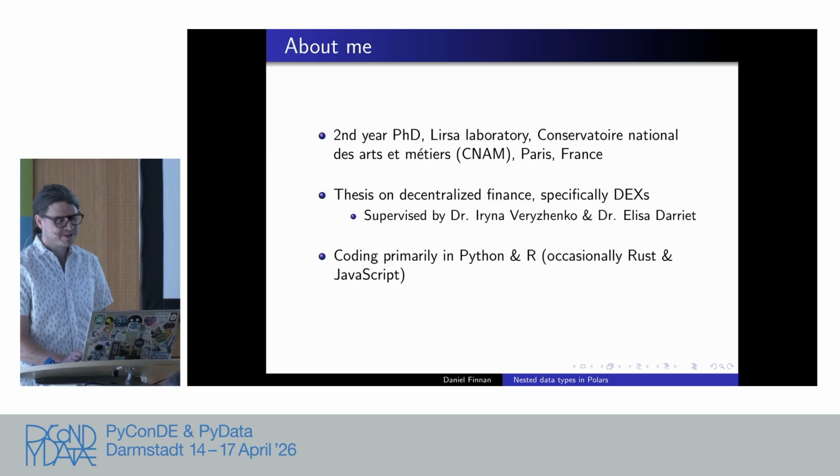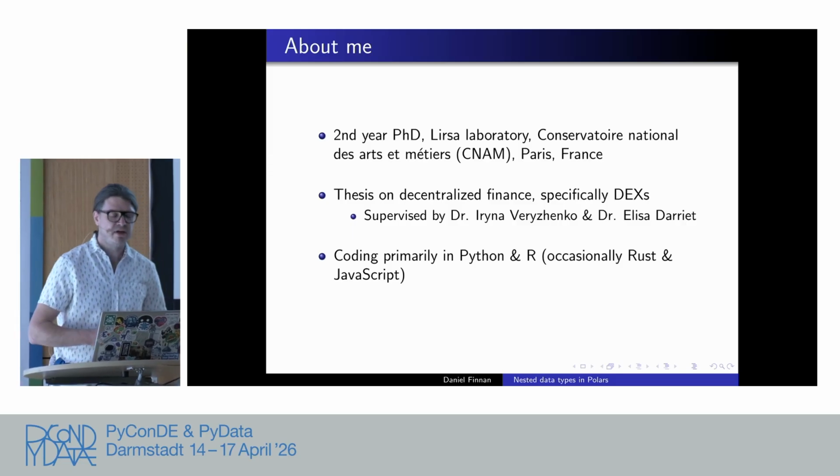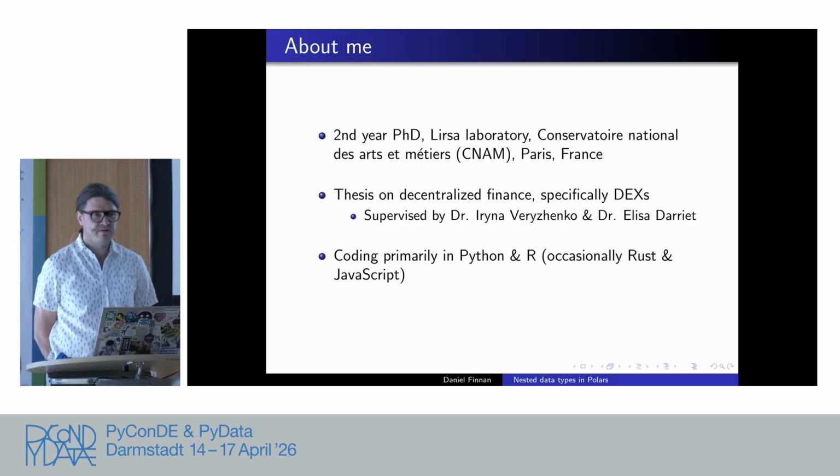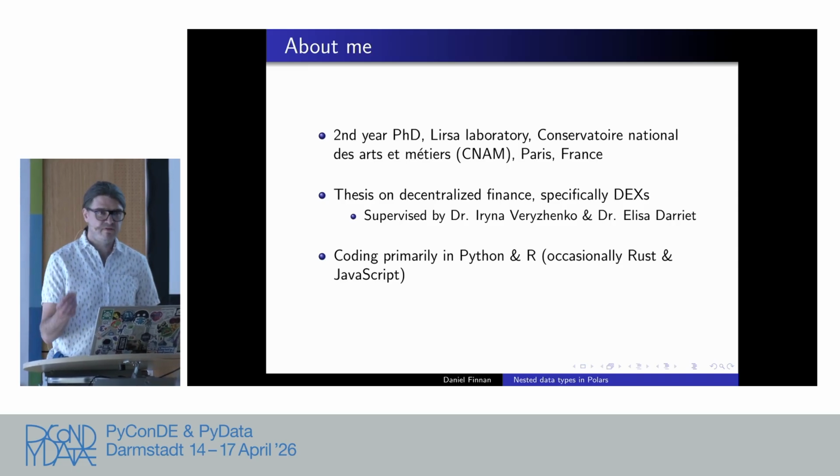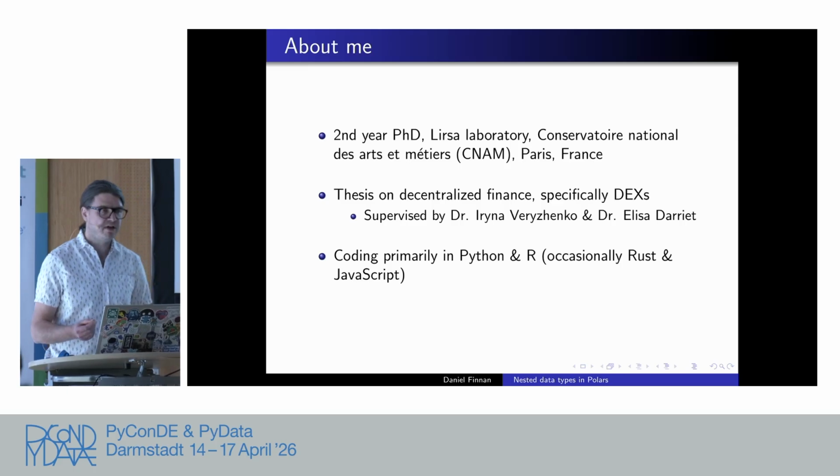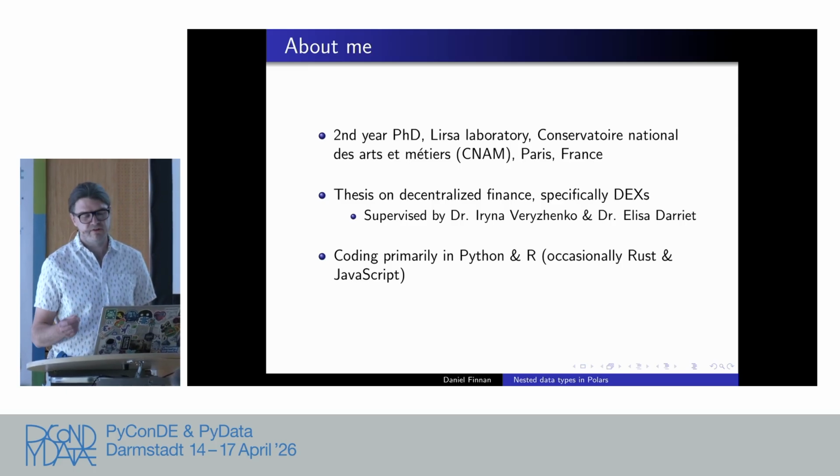Moving on. So my name's Daniel Finnan. I'm in the second year of a PhD contract at the LIRS laboratory at the Conservatoire National des Arts et Métiers in Paris. My thesis is on decentralized finance, and specifically it's on centralized and decentralized exchanges and the liquidity flows between them.